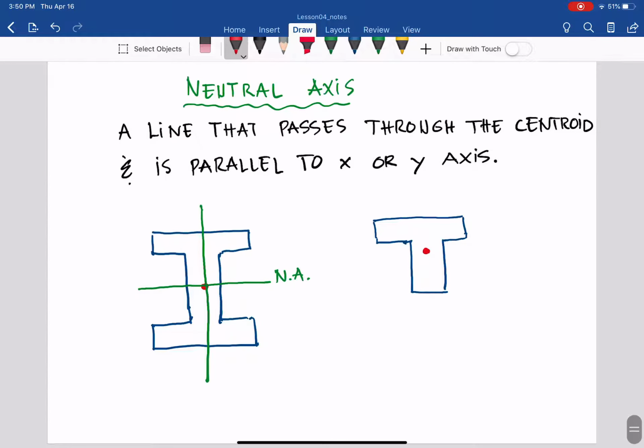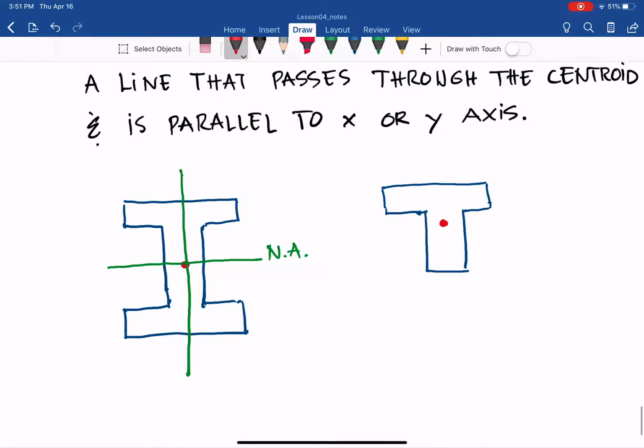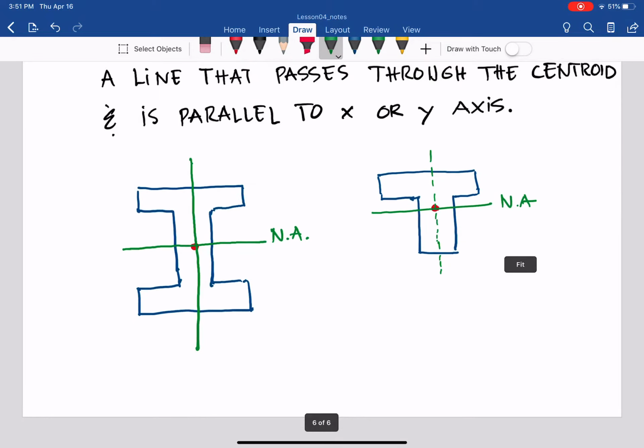By the way, in the mass moment of inertia, we also make the table to find the centroid. So find the centroid, which is the center of the geometry, and then the neutral axis basically goes through the centroid parallel to x, or the neutral axis parallel to the y axis.